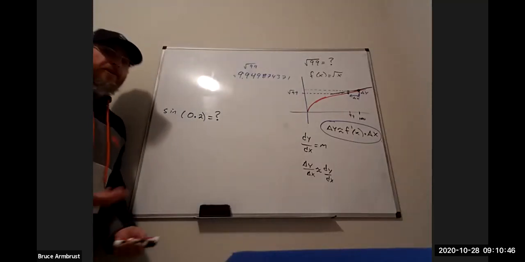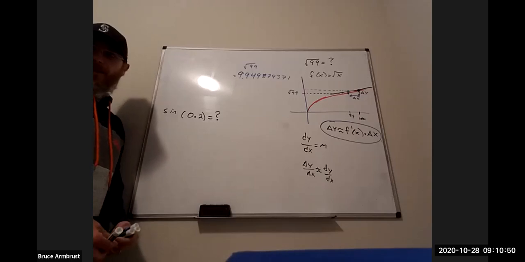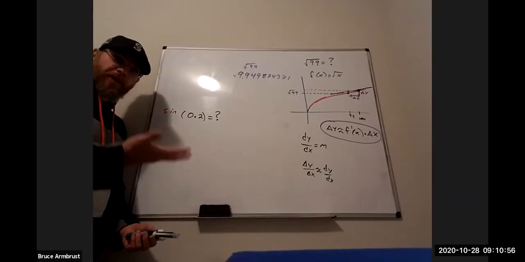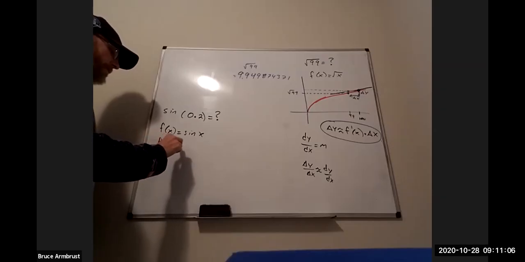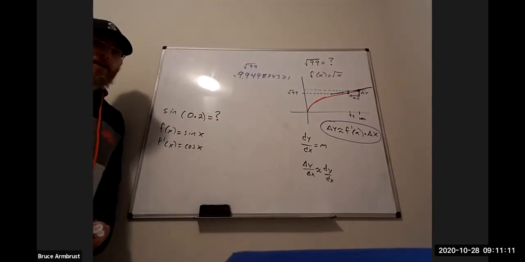Okay, so what's my function? Sine of 0.2. So it's going to be sine of x, right? We're plugging into sine. So let f of x be sine. Of course we know its derivative. The derivative of sine is cosine.